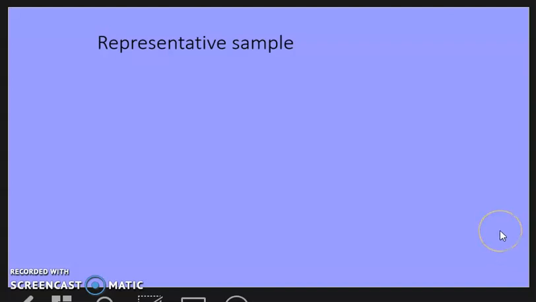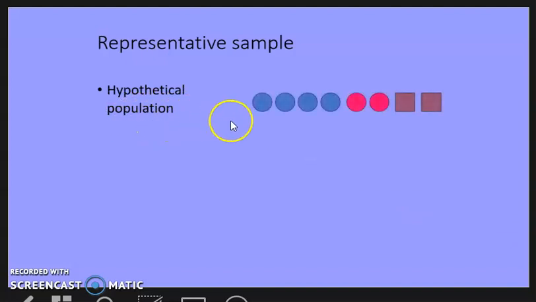So what is a representative sample? I give you a quick example here. Let's say this is our hypothetical population: Malay, Chinese, Indian. When I do my sampling, I get something like this. Does this represent our hypothetical population?